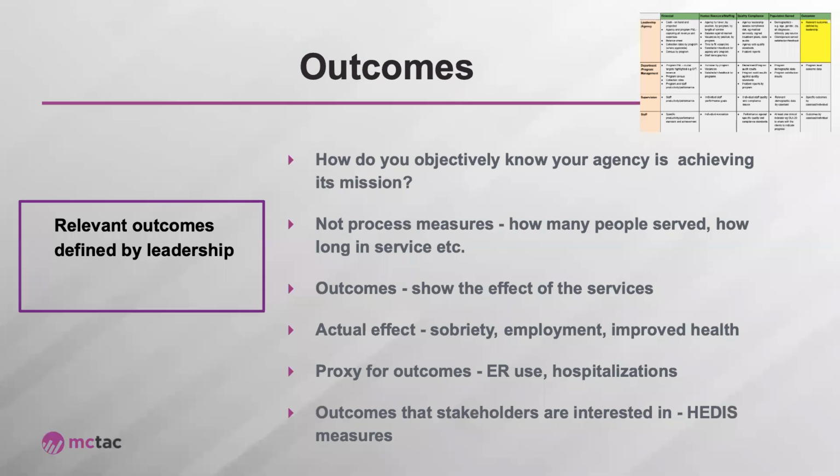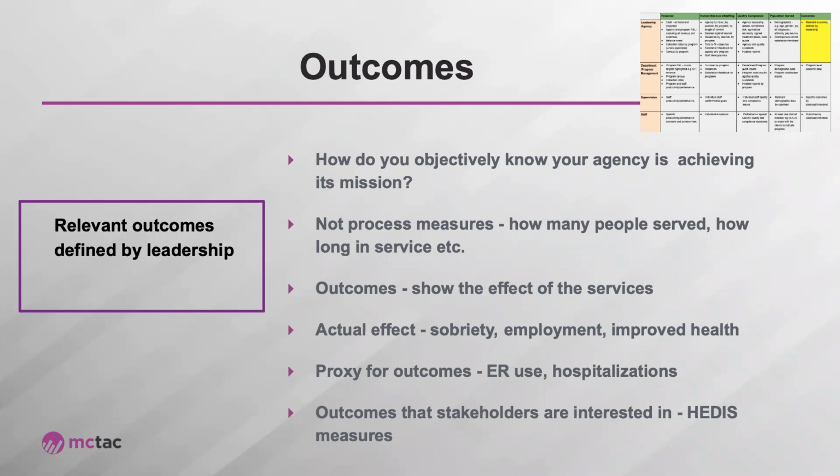For some programs, it may be the actual effect. So for a pre-employment program, an employment program, people getting jobs, keeping jobs, being employed at minimum wage, may be a direct outcome of the work that the agency provides and is a clear outcome.